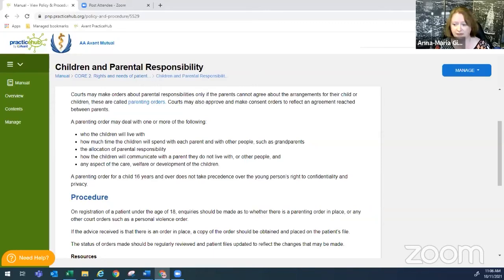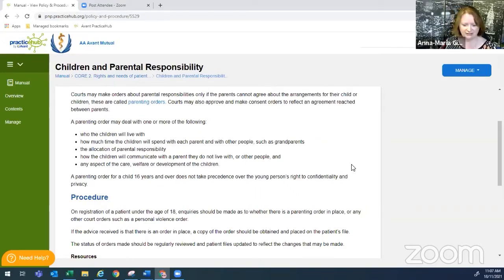So really important, I guess, when you're registering patients to find out if there are any orders that apply. Ideally, place a copy on file so that people have got the details available. And again, as I said, check and regularly review that information and update where required.